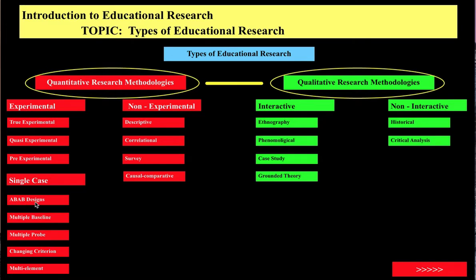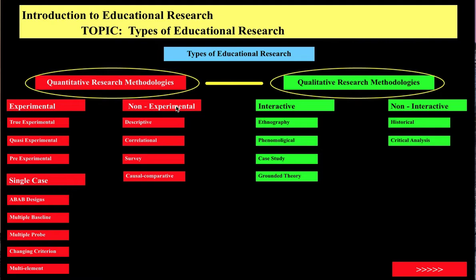In fact, if you read the Condom article about the 3 gay bars in Alaska, they used an AB design. And there is a multiple baseline design, a multiple probe, changing criterion, and multi-element design. And you will learn about these as the need arises for you to learn about them. So that's the experimental research designs, and they are all under the quantitative research methodology.